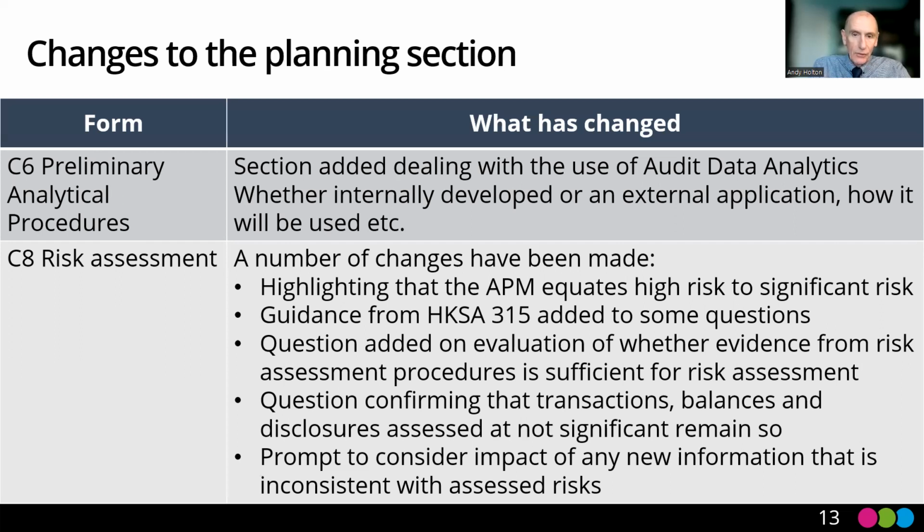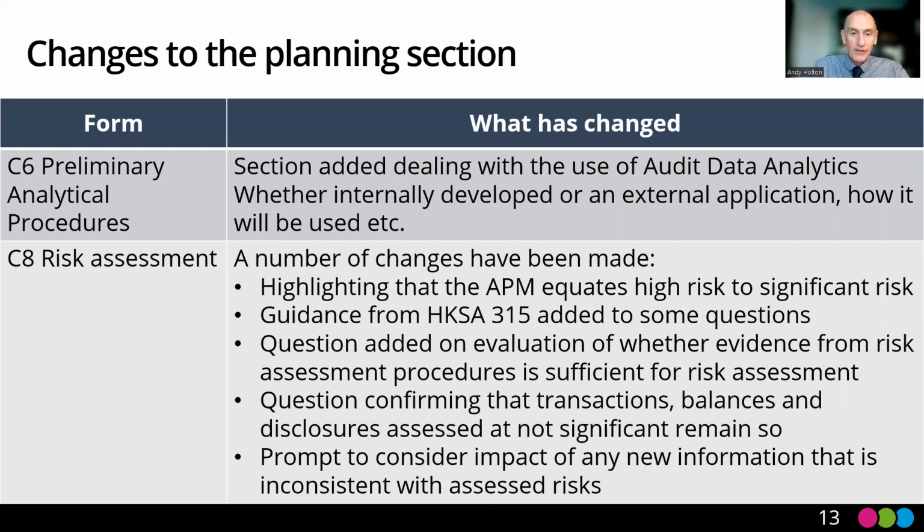Then moving on to risk assessment, a number of changes have been made to the detailed checklist. So firstly, highlighting that in the APM, high risk equates to significant risk. So we still have just 3 levels of risk within the APM: low, medium, and high stroke significant.